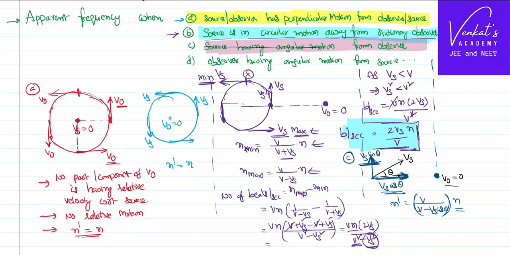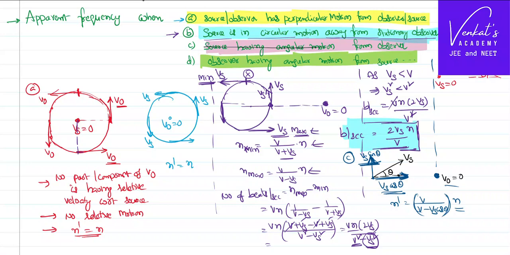We can also talk about case D. This is the observer having angular motion, the same with a slightly different scenario. Let us consider the source in the state of rest, but the observer is not approaching along the same line but at an angle, with velocity vO.